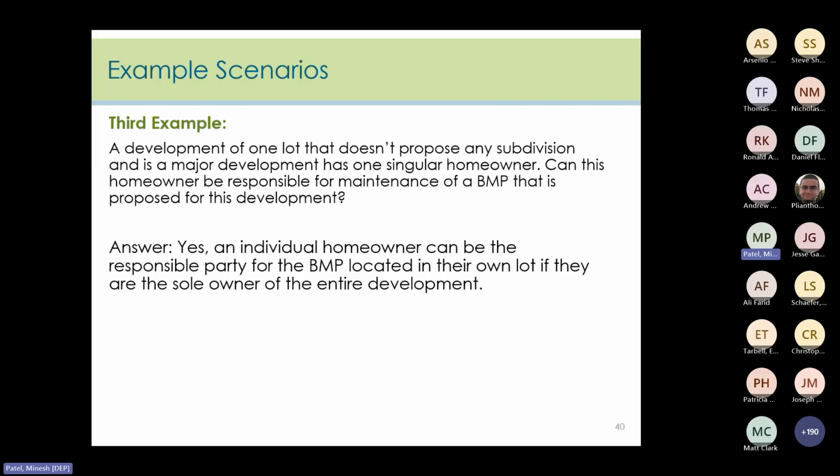So like we said earlier, an individual homeowner can be the responsible party for the BMP that's located in their own lot if they are the sole owner of the entire development. The difference between this example and example 1 and 2 is that in this one, the homeowner owns the entire development. So that's the big key about this subject. They must own the entire development to be the responsible party.